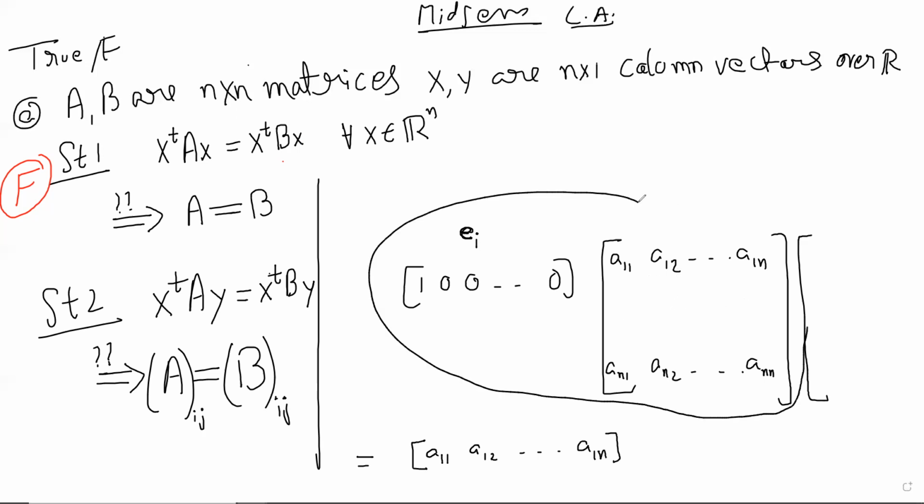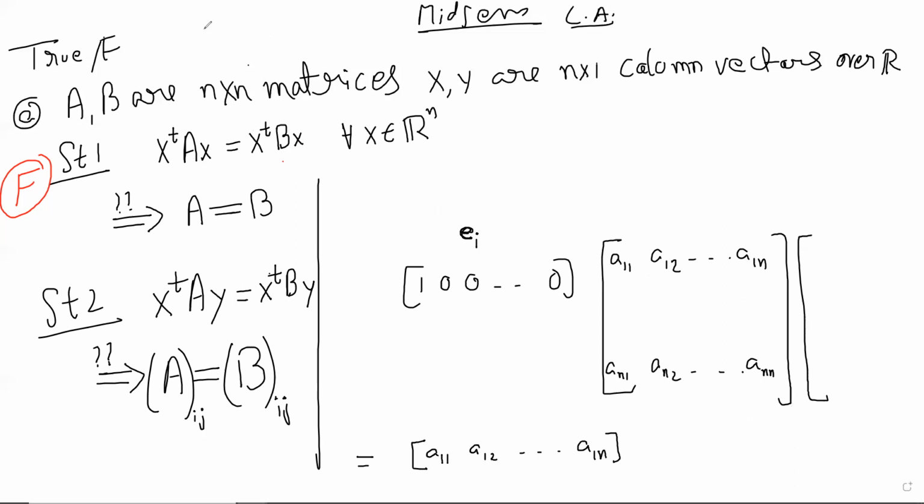And from that ith row, we pick the jth column by multiplying on the right-hand side by EJ transpose. Adish, if something interrupts you, tell us, okay? No, I am getting it. This is a very clever idea. It's like you're searching for that thing, putting in the value and getting that thing, right?